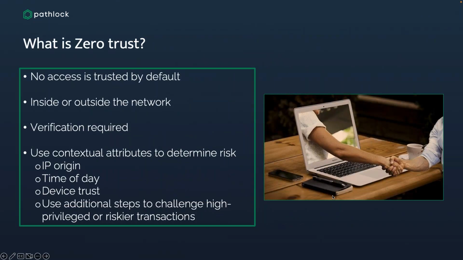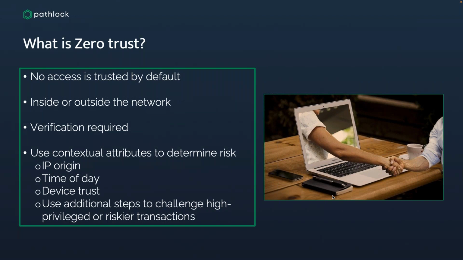So when you talk about zero trust, first off, let's define that. What is zero trust and what do we mean by that? Zero trust is what I would call secure by default, but also least privileged.